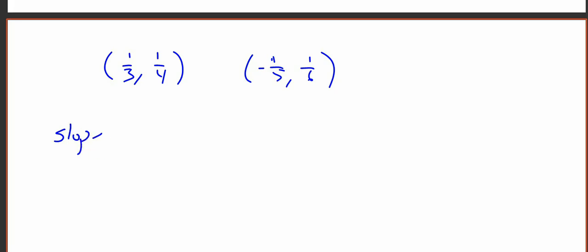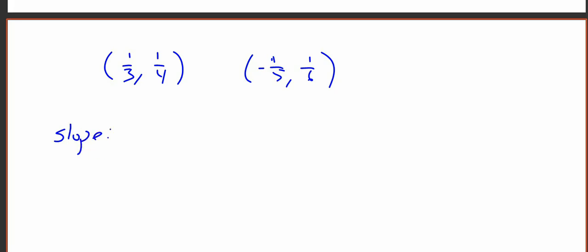Now, what if we have the same question: write the equation of the line passing through the points (1/3, 1/4) and (negative 1/5, 1/6). Just to throw fractions in there. First thing is to find the slope.